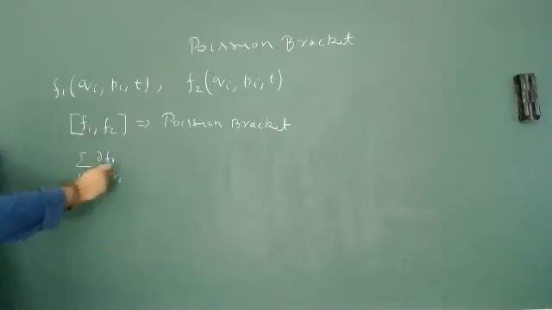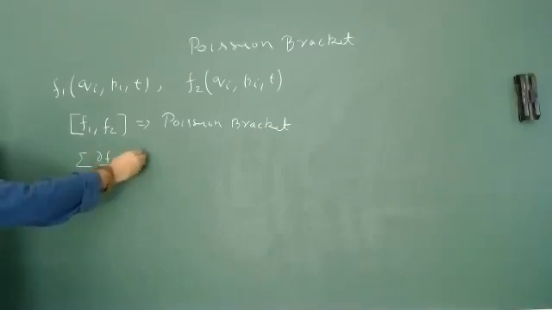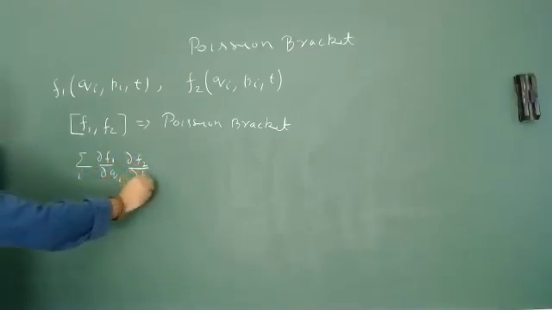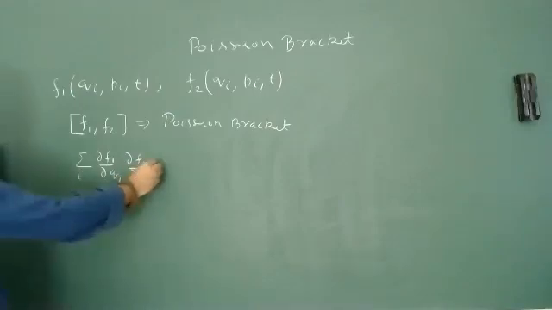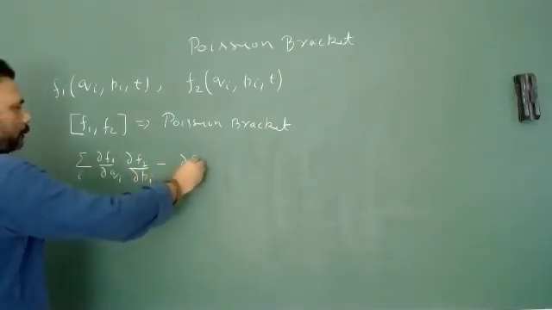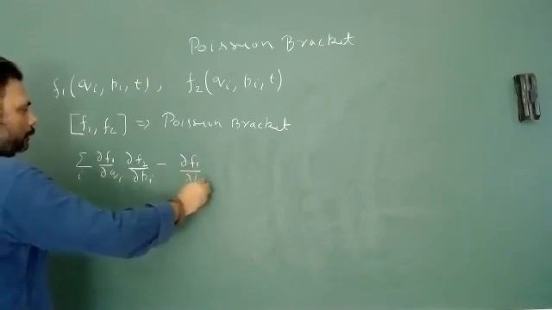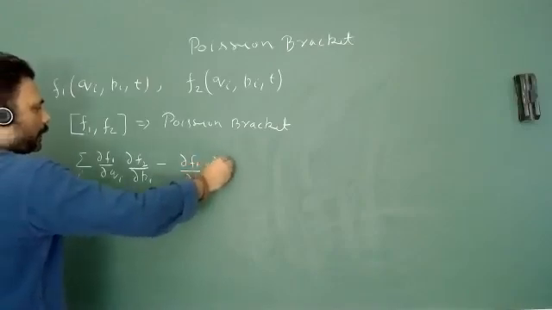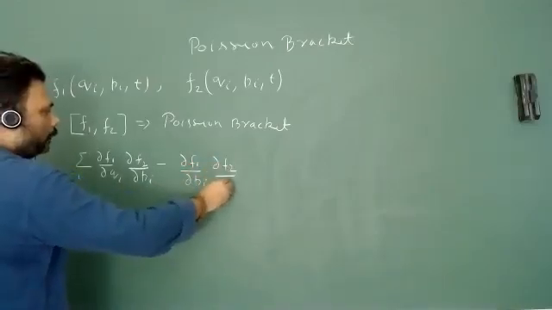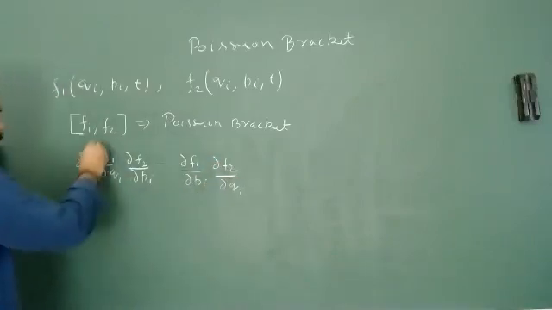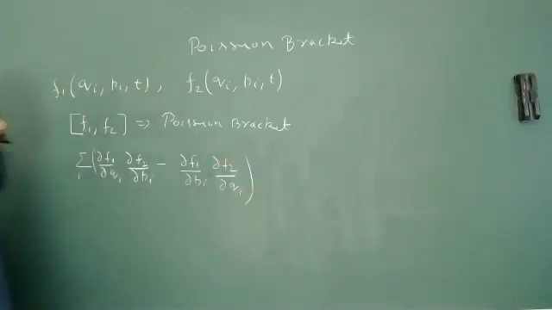The f1 is first, so we go for qi, and then del f2 upon del pi, minus del f1 upon del pi, del f2 upon del qi.